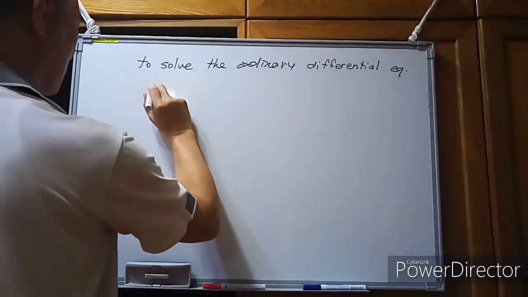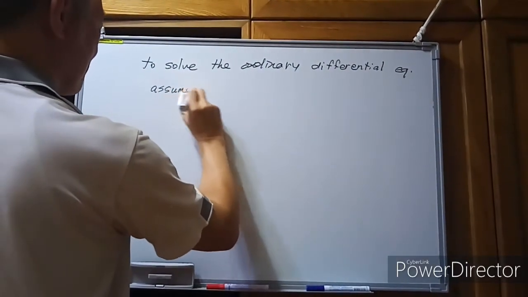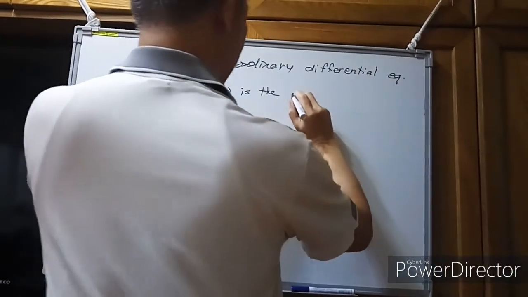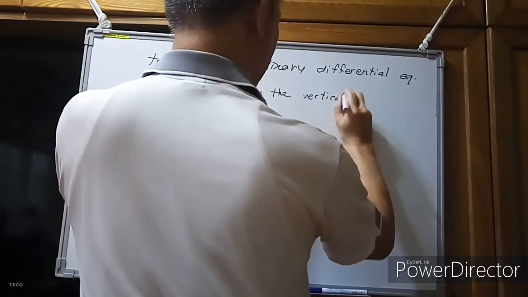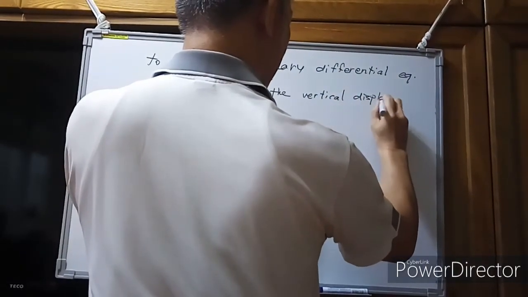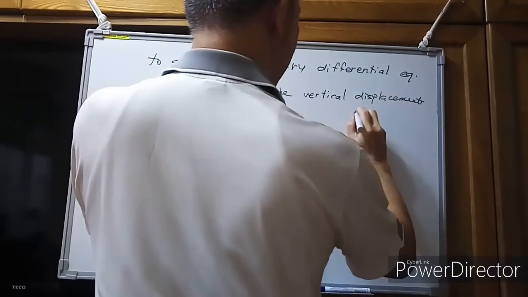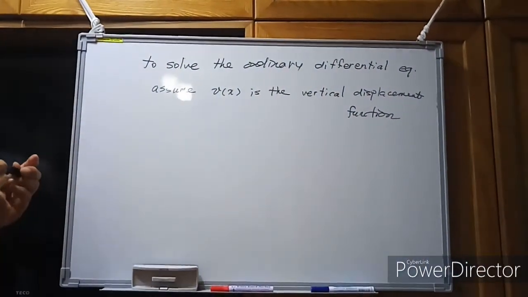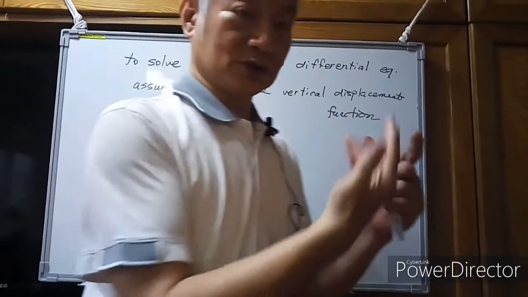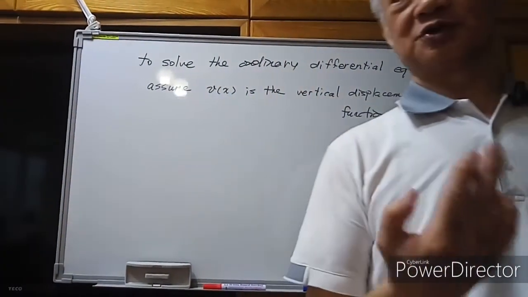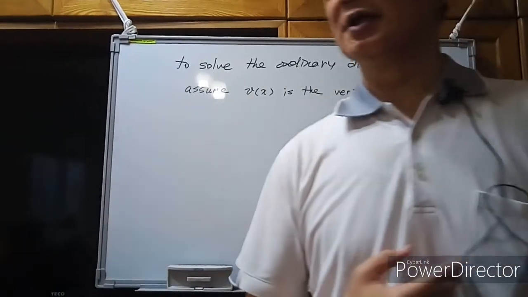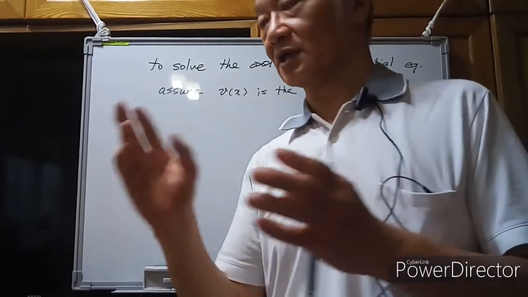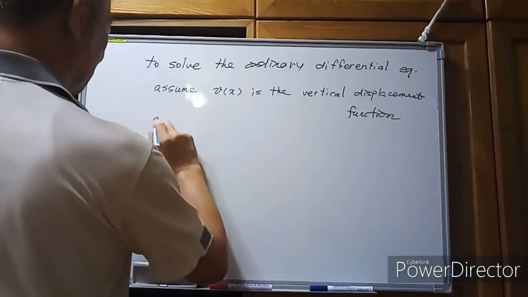Let's assume v of x, and usually I assume the positive v value is upward displacement. The v of x is the displacement function from the left to the right.